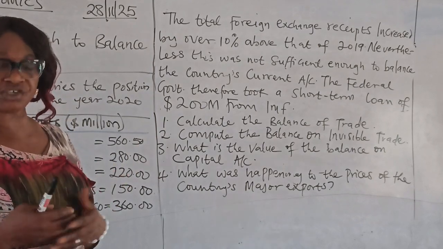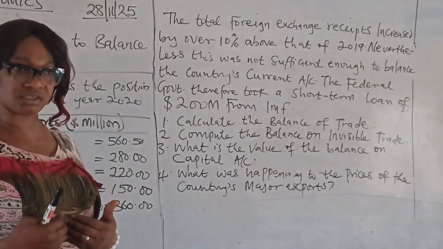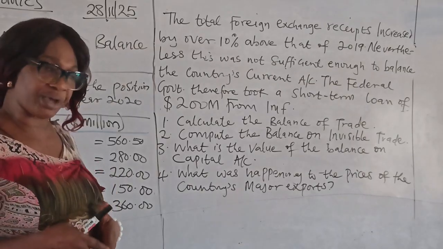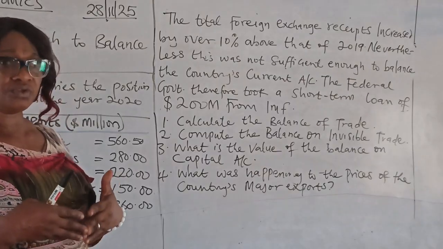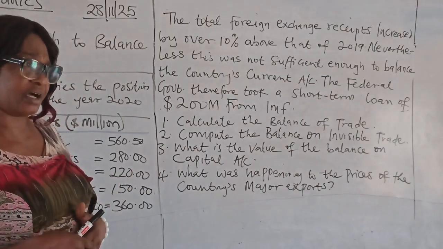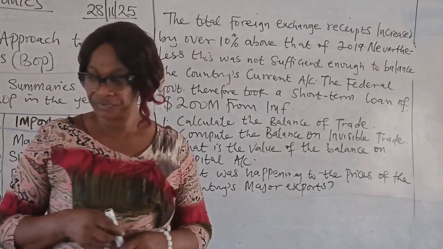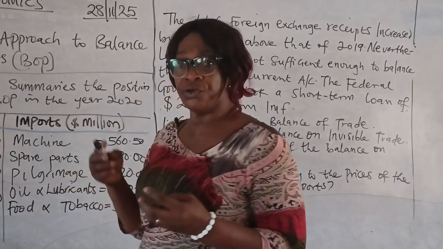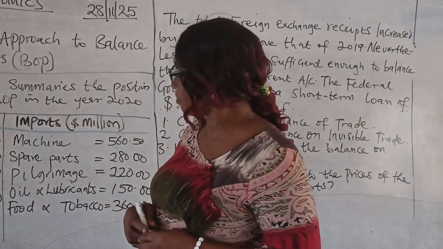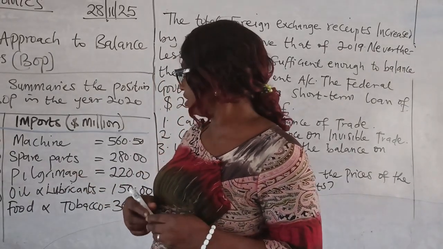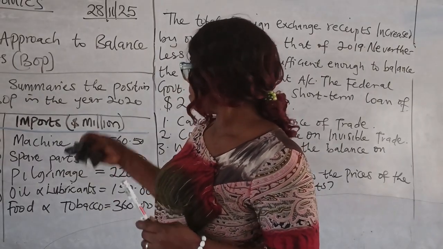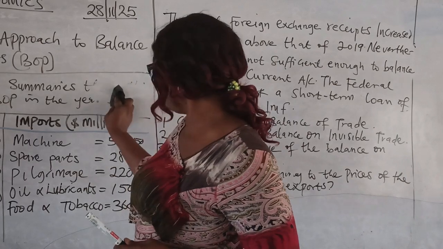So four questions were given to us to solve. I want you to pay attention so that we solve it together. Study the table again, and you know the ones for visible and invisible. Let me clean the board so that we solve it together.